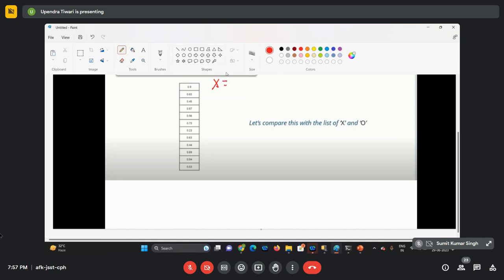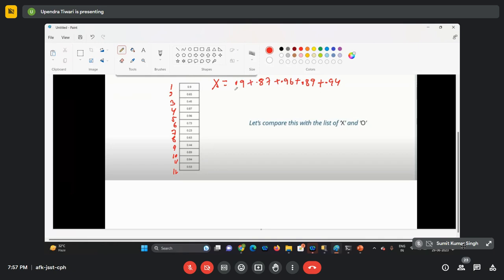So for the X, we had the highest value at positions 1, 4, 5, 10, and 11. At 1, what is the value? That is 0.9. At 4, the value is 0.87. At 5, it is 0.96. At 10, it is 0.89. And at 11, it is 0.94.